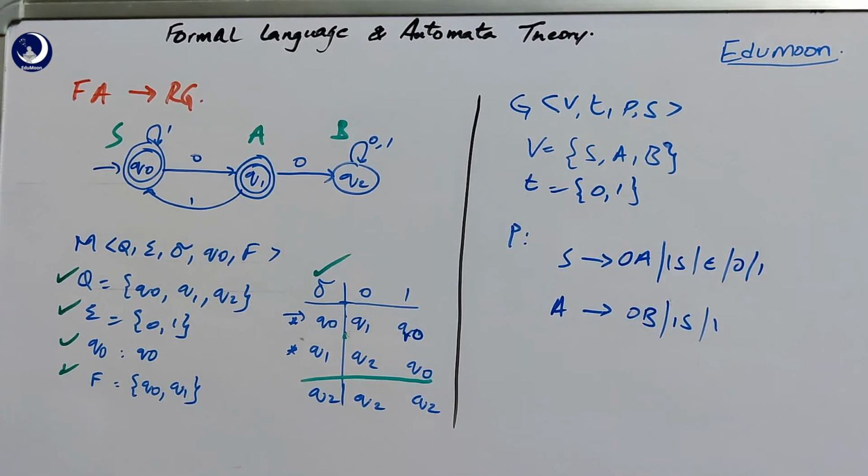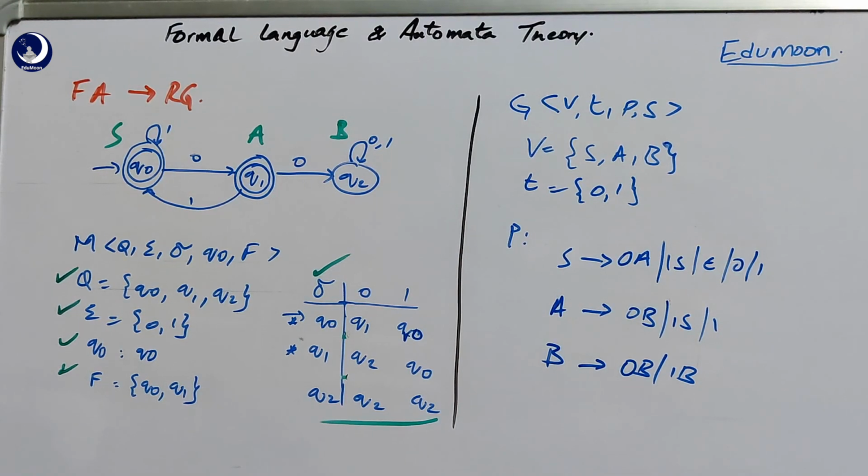And Q1 on 1 goes to Q0, that is S, since we already defined Q0 as S. And since Q0 is a final state, we can directly substitute an epsilon for S, and we can write 1 also there, so A on 1 is also a transition for the variable A. Finally, coming to the transitions of B, since Q2 has transitions to itself, that is Q2 on 0 is again Q2 and Q2 on 1 also goes to Q2, we can write B as 0B or 1B there.